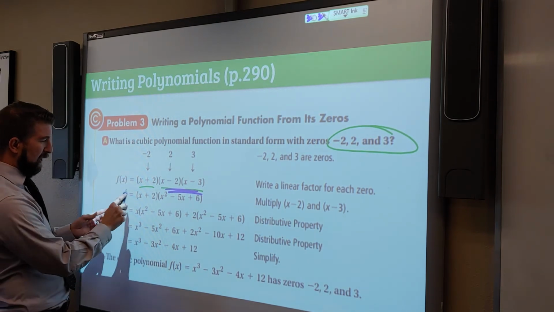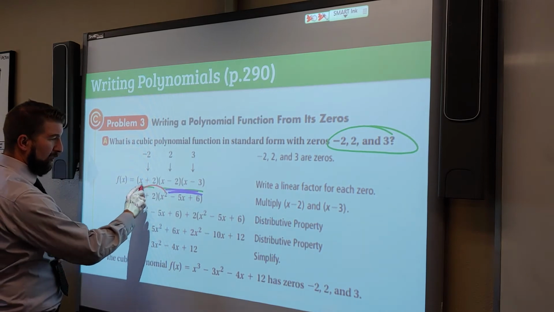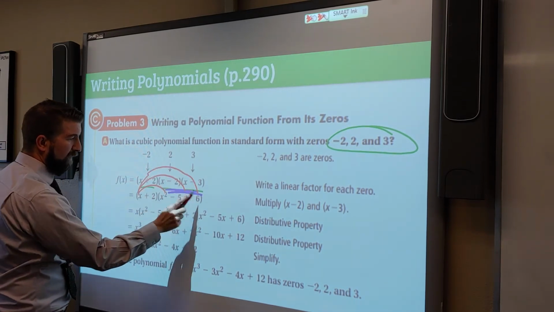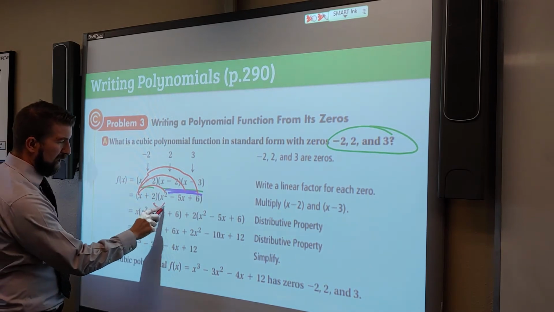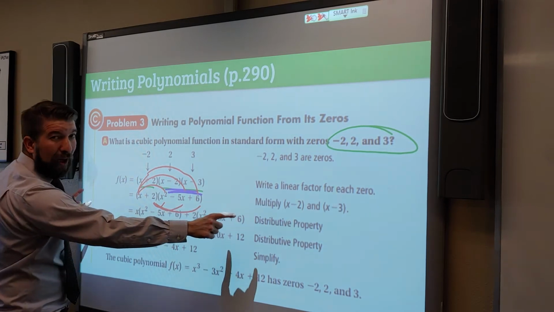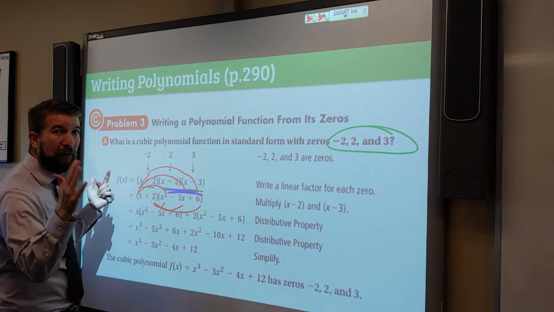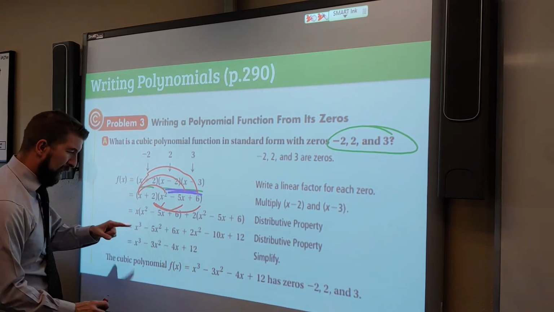If it were me, I would just say, okay, x times x squared, x times negative 5x, x times 6, and then I would do 2 times x squared, 2 times negative 5. I would do it that way. They just write it all out. That's fine, do whatever works best for you. But they end up getting all this right here.